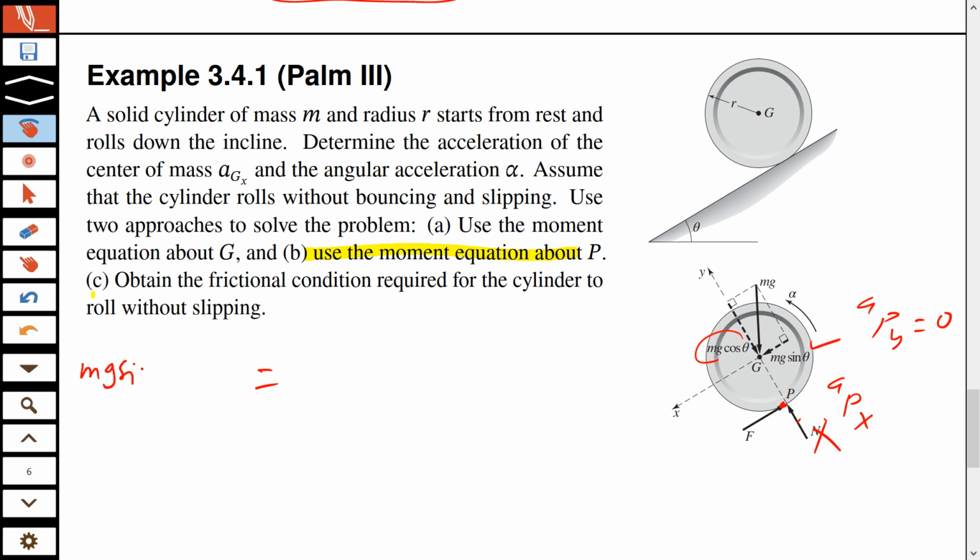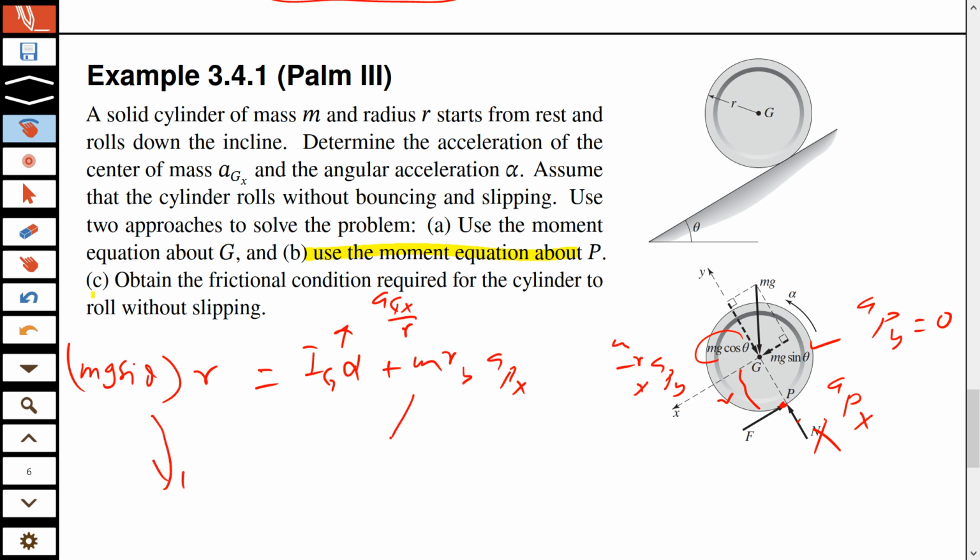So mg sin theta times this arm length, which is r, this is your moment, and you write, okay, I g alpha, and which is agx over r, and then you write those two equations, one for apx and one for apy, and this is ry and this is rx, this is m, this is m.